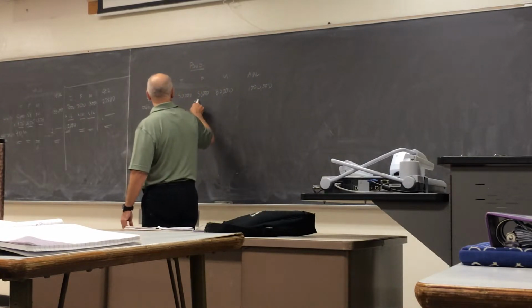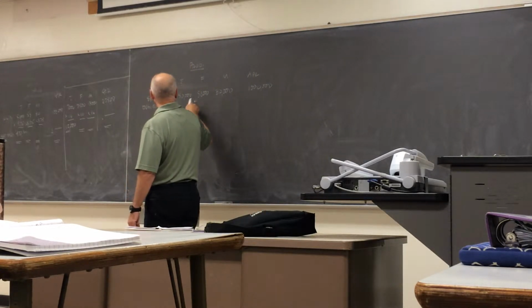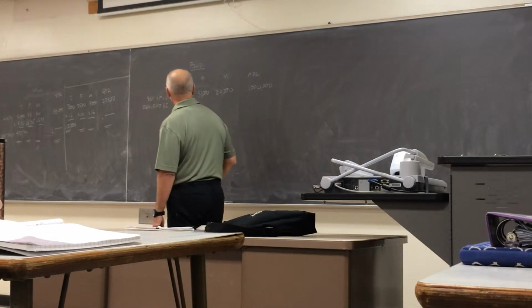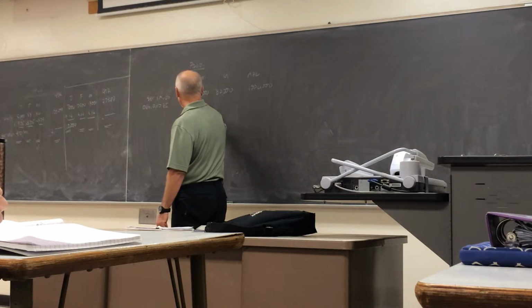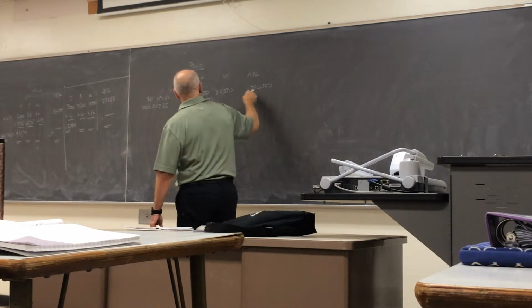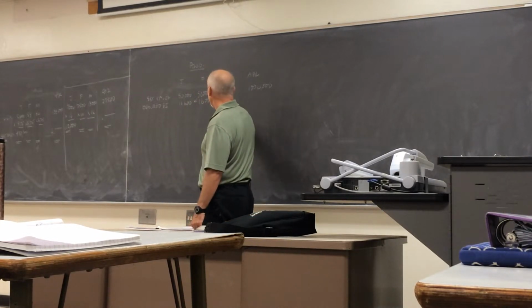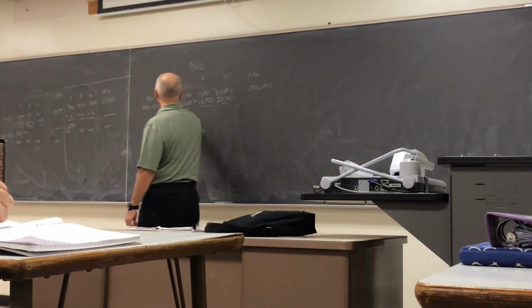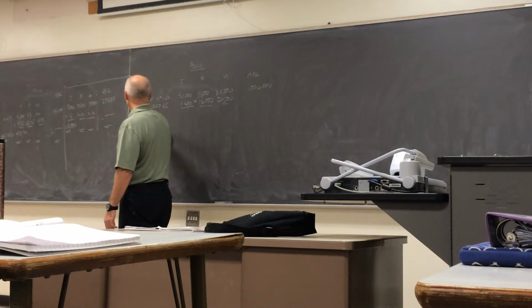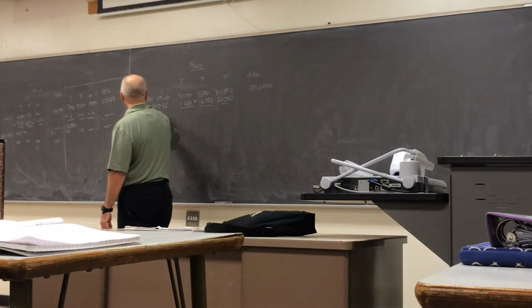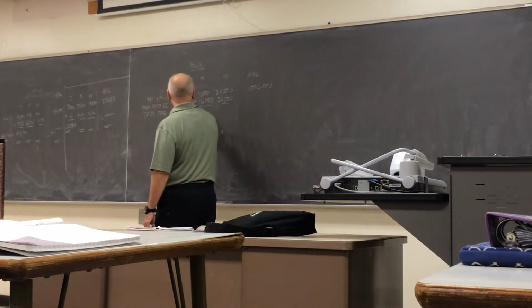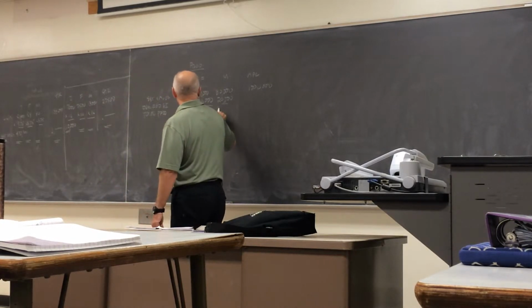So 20% of this is 11,600. 20% of this is 16,000. And this is why you need April. 20,000. That's your desired ending inventory. So your total production needs is 61,600, 74,000, and 100,000.